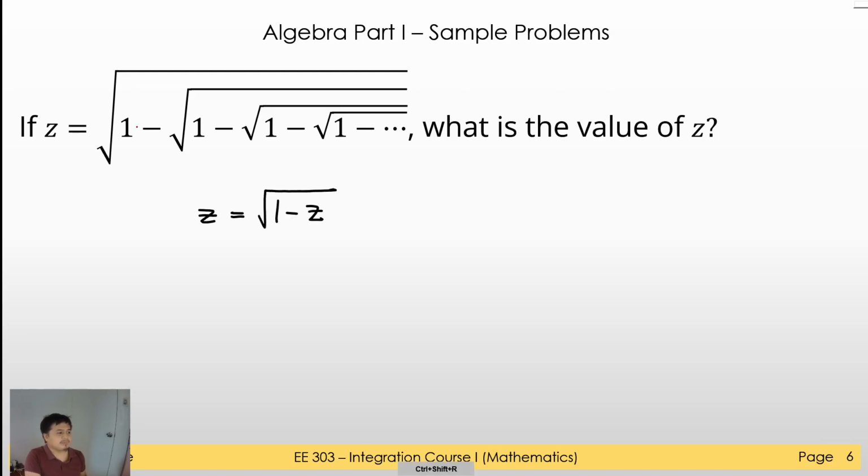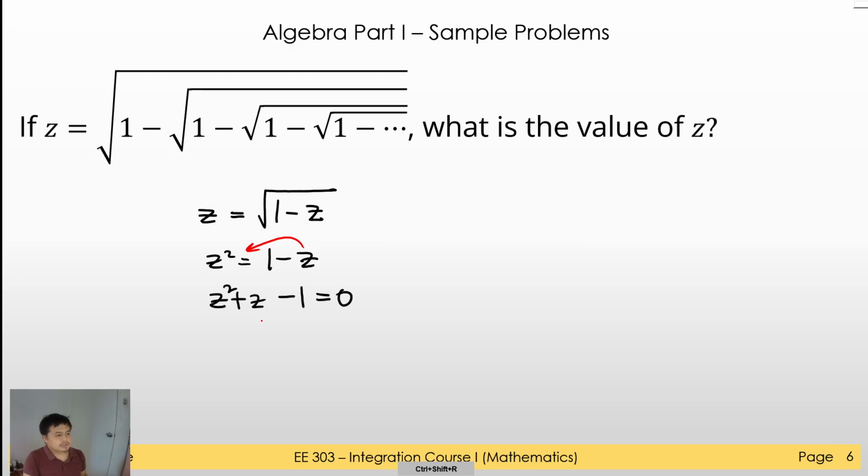As you can see, this portion is the same as this one, so we can rewrite this portion into z. And then simplify the equation, so square both sides. So we have z squared is equal to 1 minus z. And then transpose the z. So z squared plus z minus 1 equals 0.